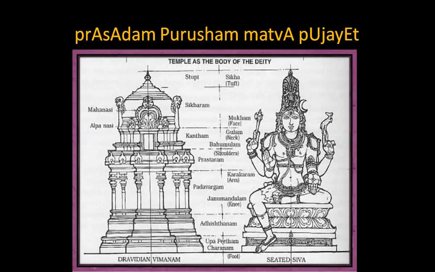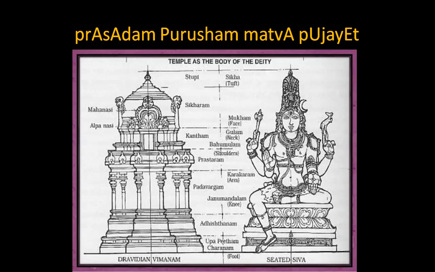When you see here, Upapitham Charanakaram: the Upapitha is like the feet of Shiva. As you can see, the diagram is self-explanatory, so even if you just read the shloka, you will understand. Adhishtanam Janumandalam: Janumandalam is the knee, compared to the Adhishtana. Kumbha Panjara Samsthanam Nabhischora Udaraseemakam: the prasthara, the Padavargam, where the Kumbha Panjaras are usually placed, the wall portion, is like the belly region.